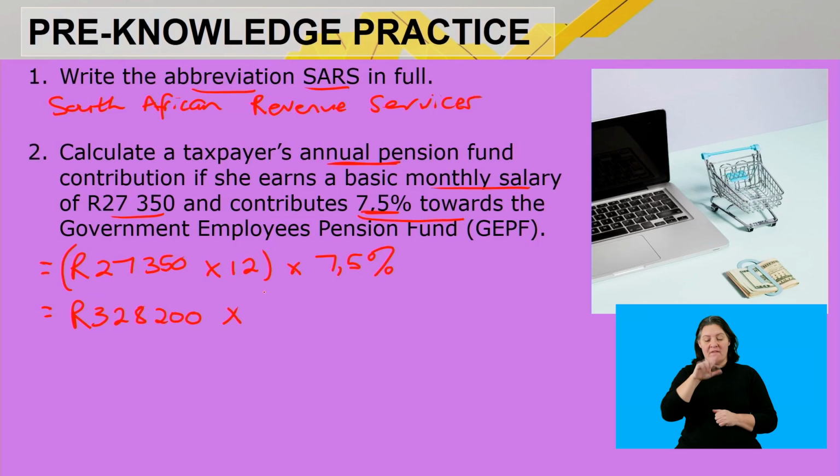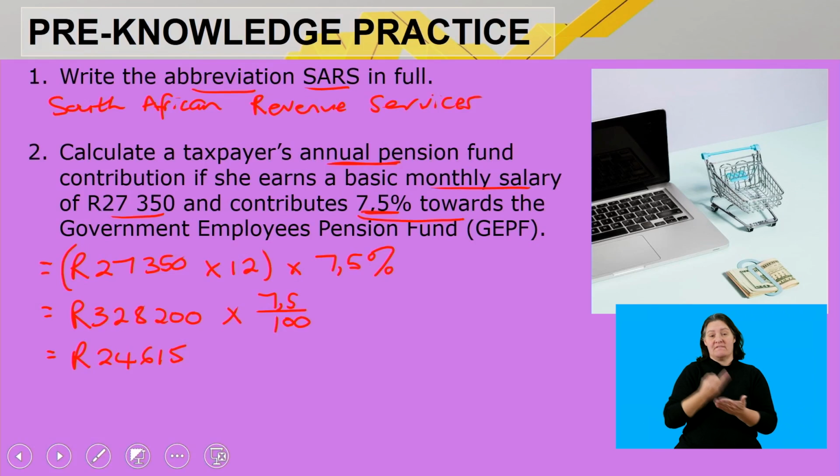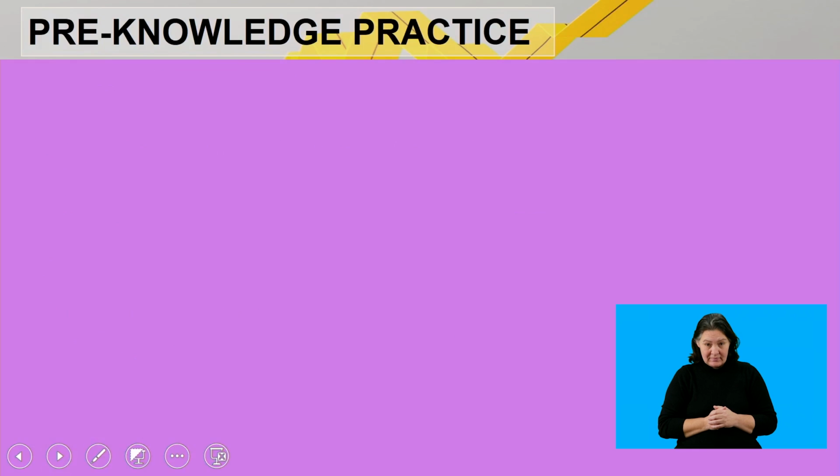So therefore, I'll multiply by 7.5 over 100, right? It represents the 7.5%. So in this case, this lady will contribute 24,615 Rand annually towards the pension fund. All right, guys, I hope that's clear. Let's look at another question.